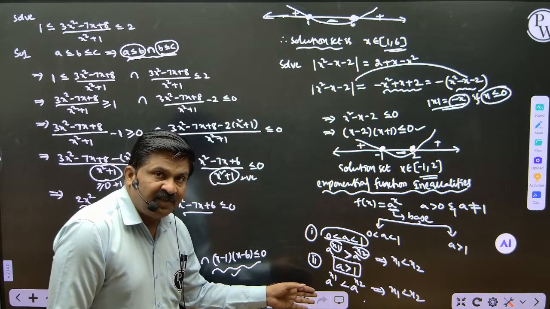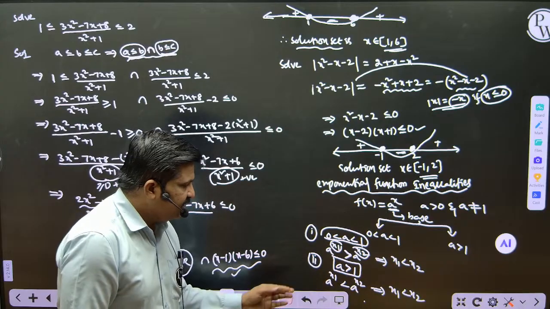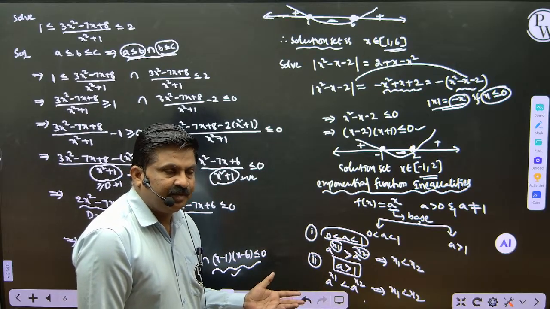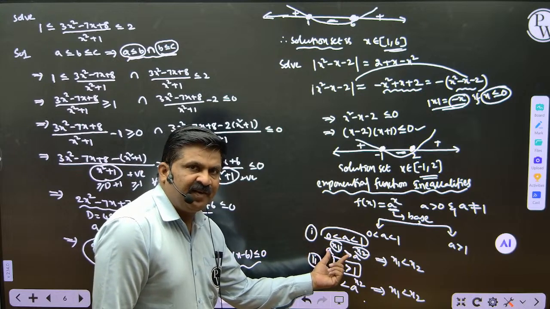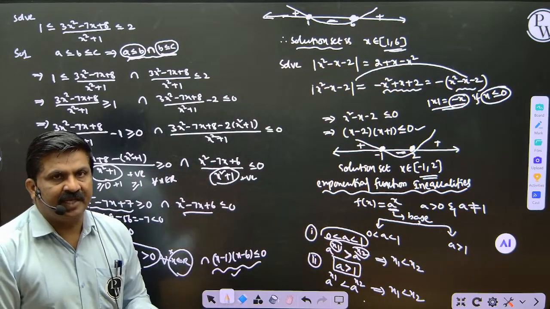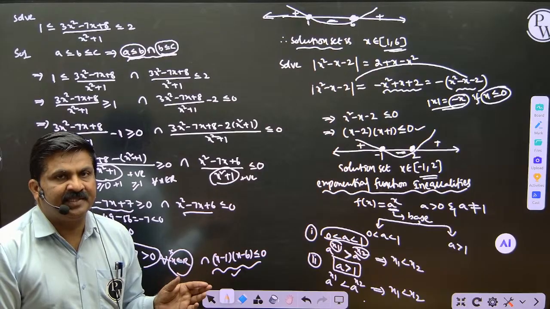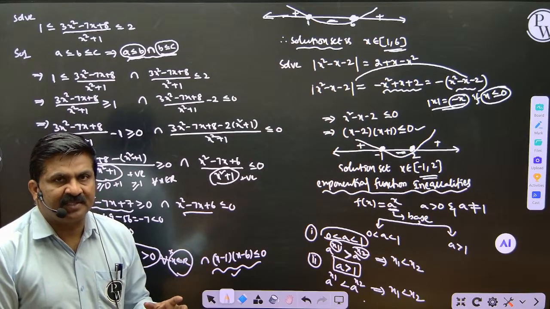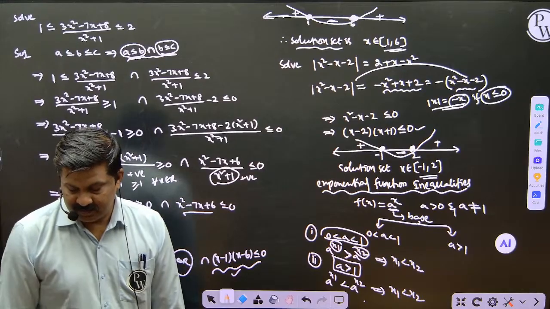The exponential function and its powers follow the same inequality: here less than is there, here also less than, x1 less than x2. But if the base lies between 0 to 1, then the exponential function and its powers follow the opposite inequality. They follow the same inequality when the base is more than 1.